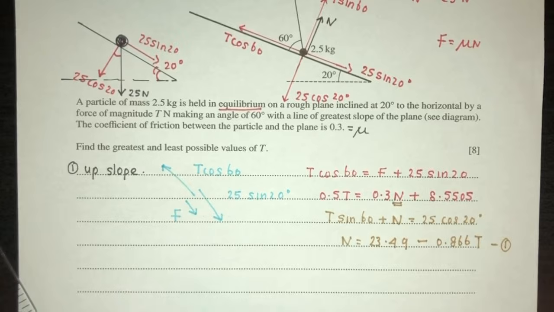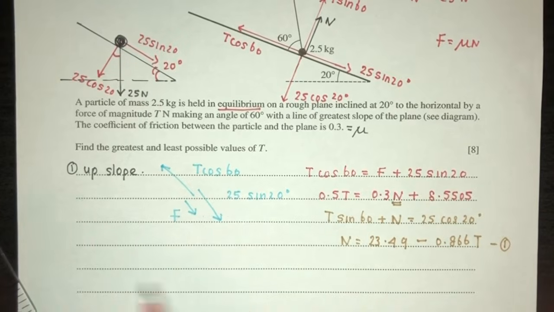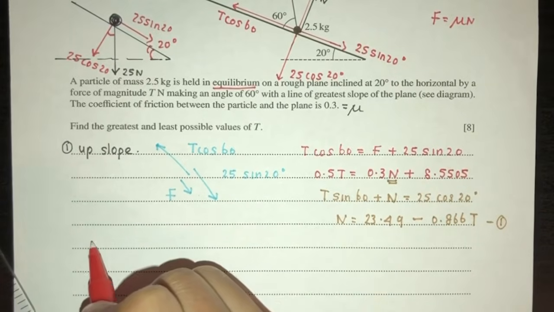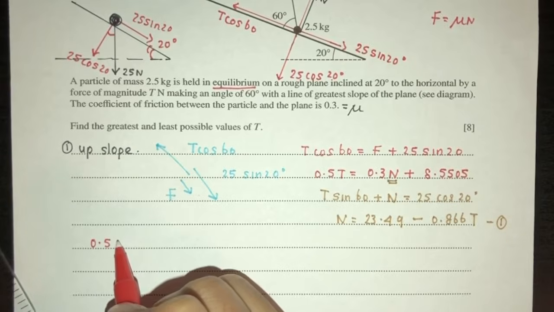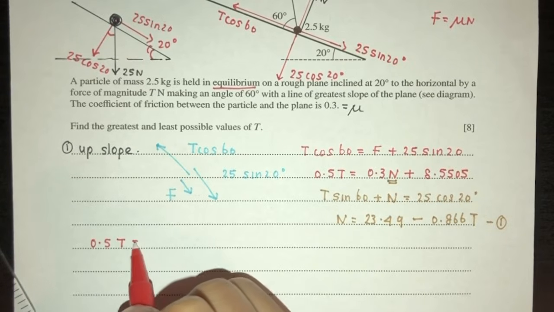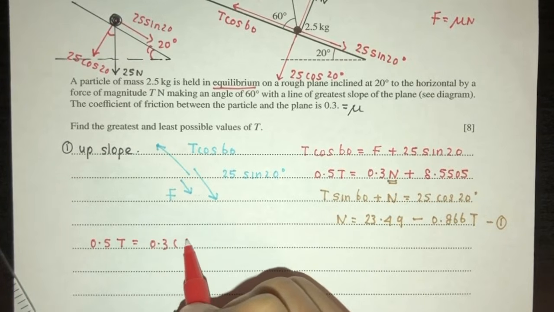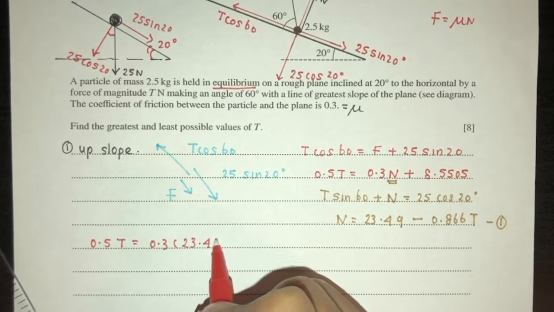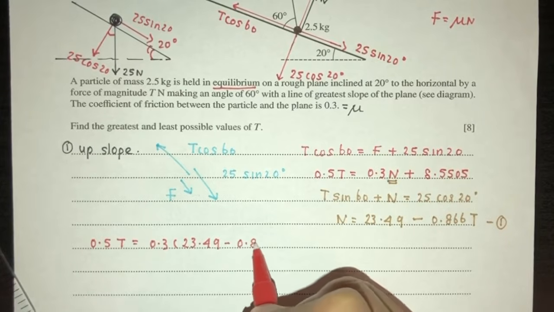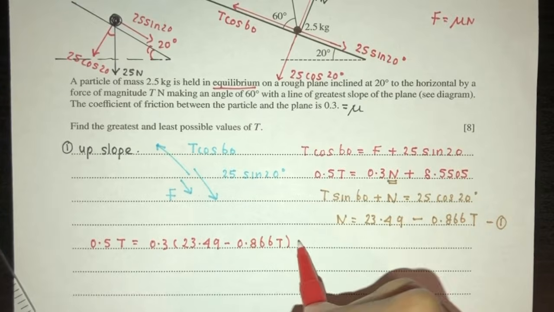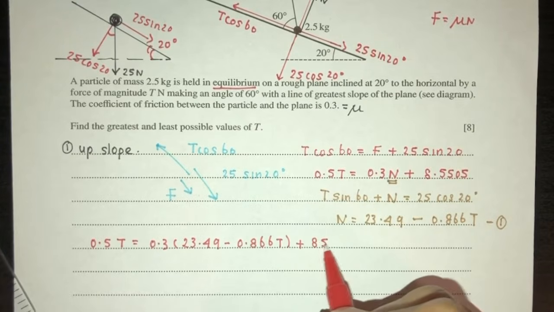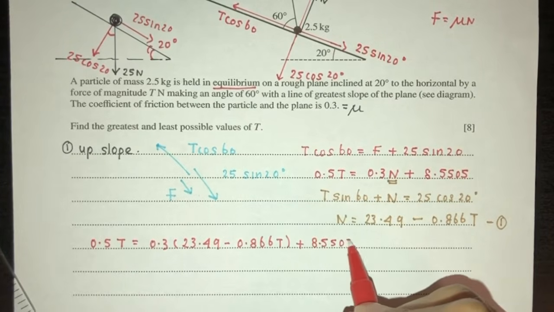Now let's replace that back in the main equation. So here we have 0.5T is equal to 0.3 times N, which is 23.49 minus 0.866T, plus 8.5505.